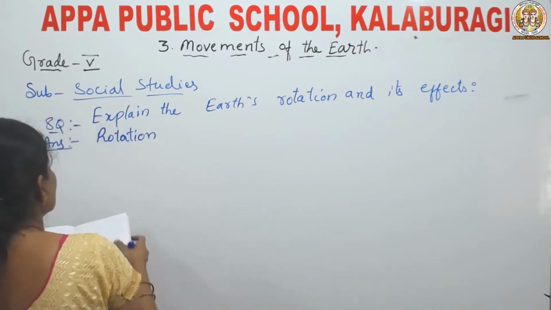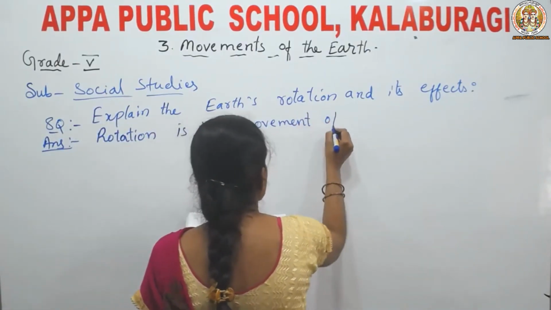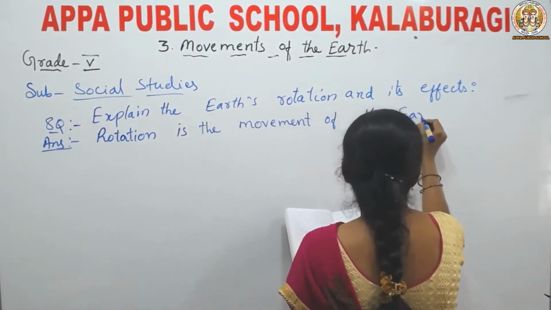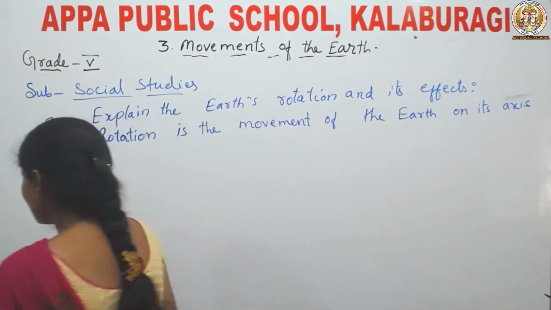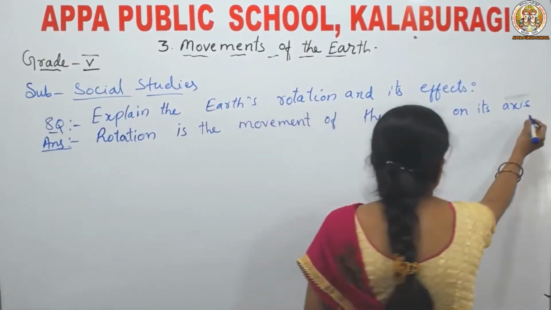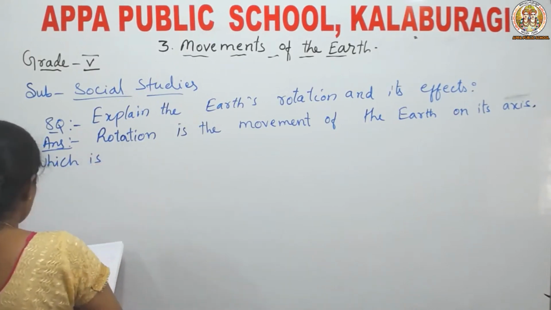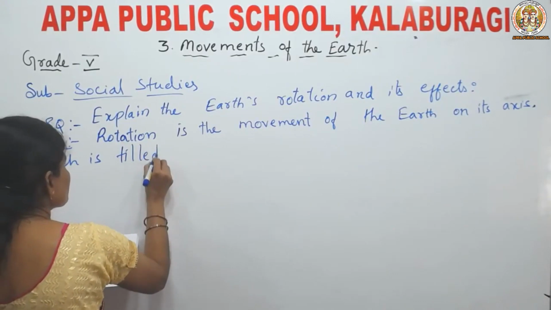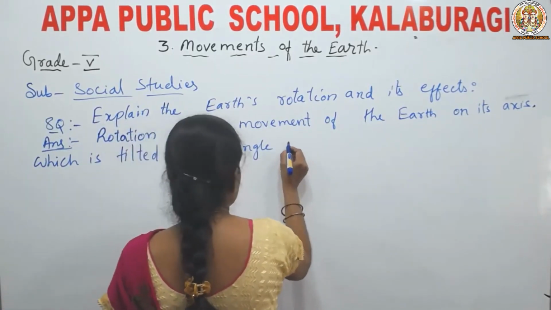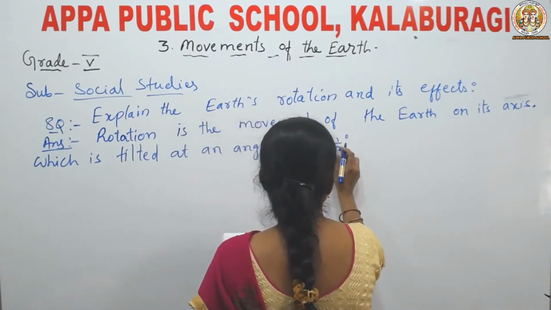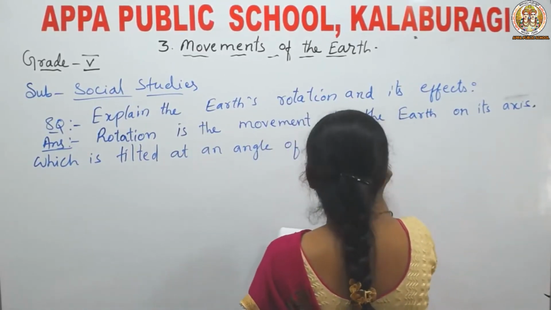Rotation is the movement of the Earth on its axis, which is tilted at an angle of 23.5 degrees.